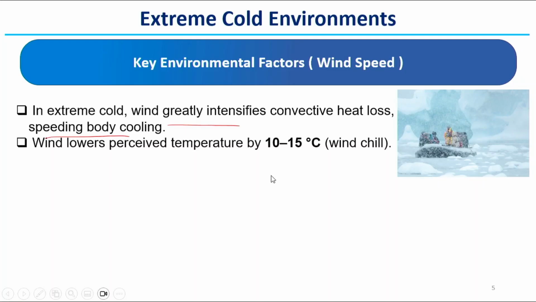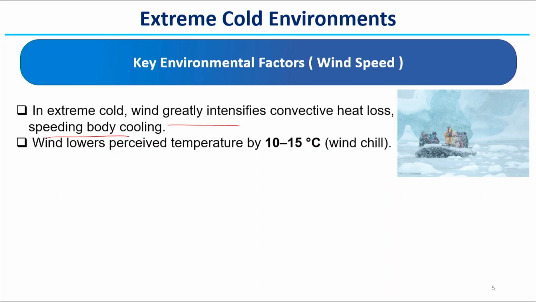So, in that case we should stop the wind from coming in contact with our body. We should wear certain outer layer clothing, so that it prevents the body heat from being released through convection.